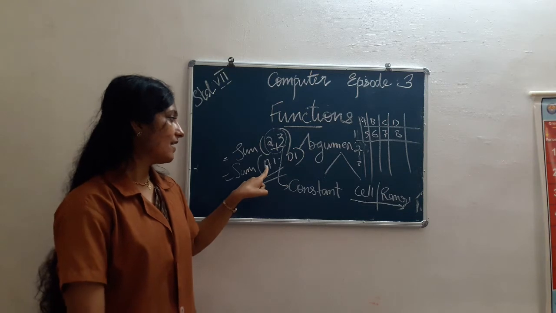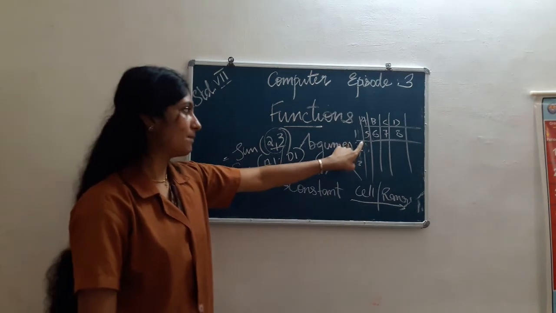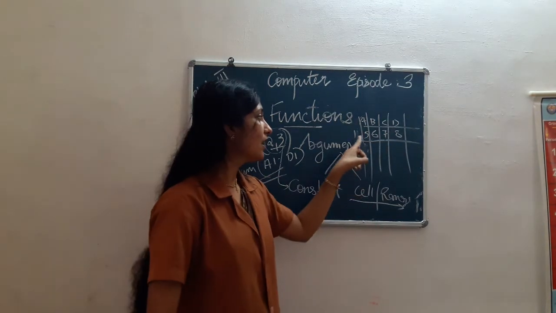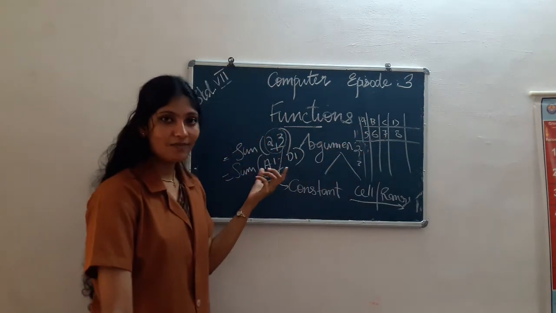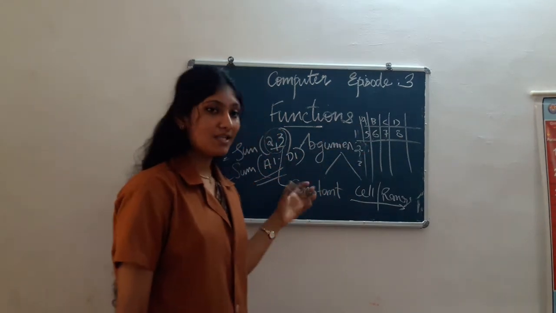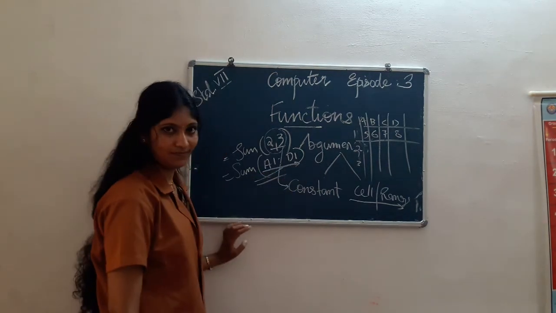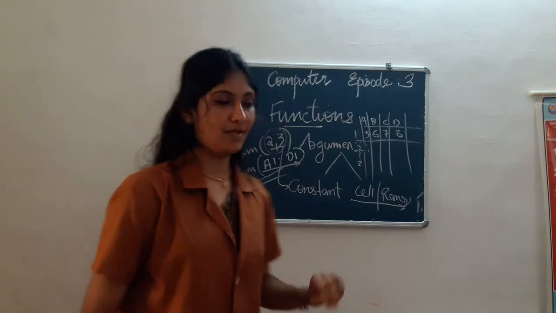Here we can write A1 to D1. The A1 value is 5, so we calculate the sum of 5 plus 6 plus 7 plus 8. Instead of entering those values in the arguments, we can write a range of those values. Okay, so those are the two types of arguments.